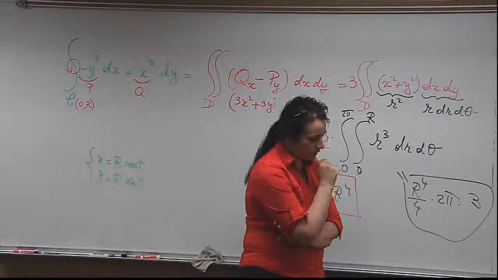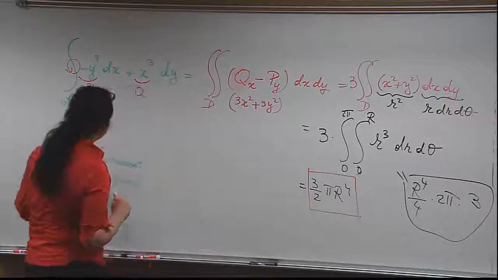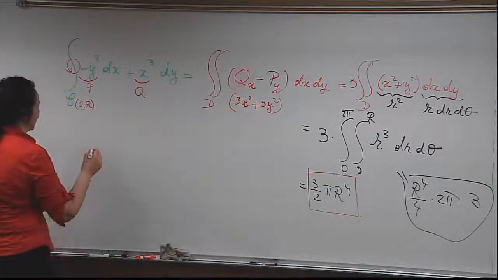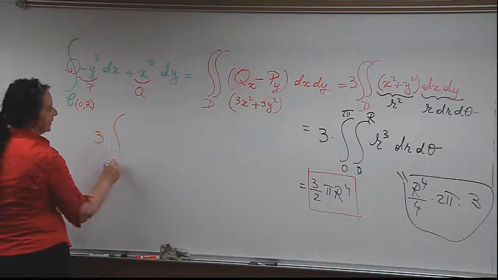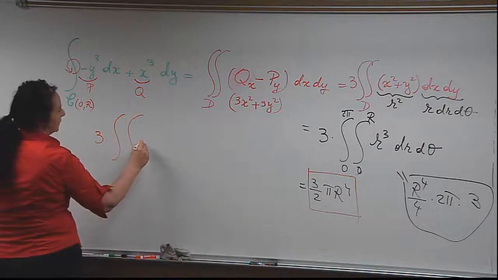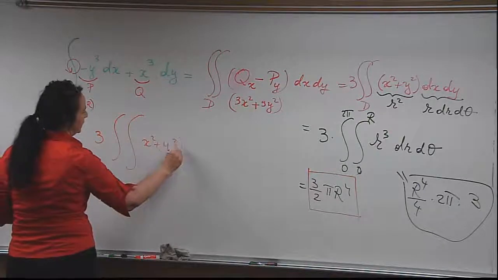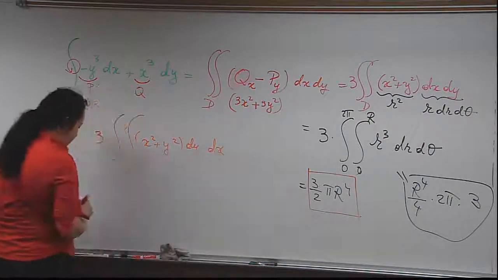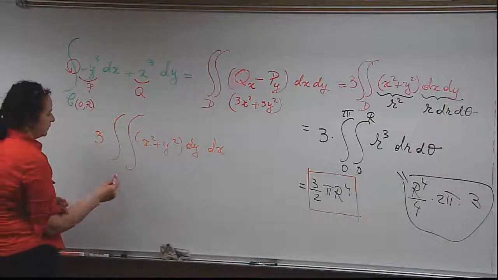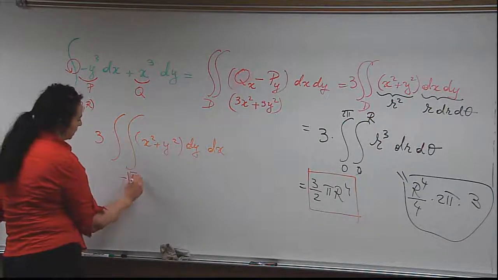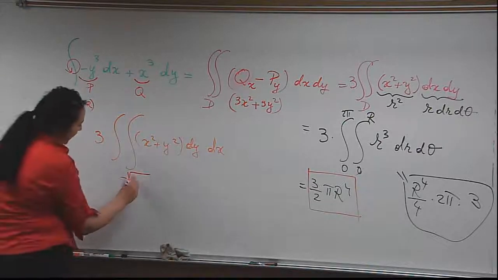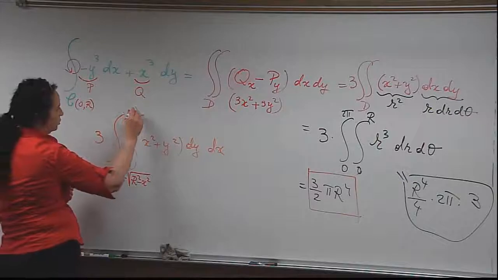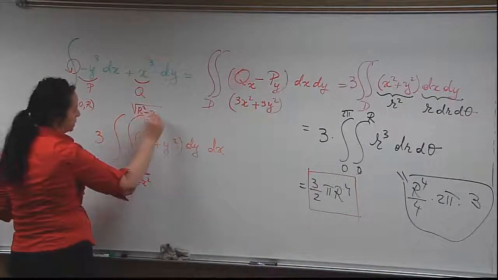It would have been a killer. Let me write it down, because you want to write it, of course. Okay, 3 integral of x squared plus y squared dy dx, just to make my life a little bit funnier, and then y between minus square root, you're looking for trouble, Alex, of R squared minus x squared.